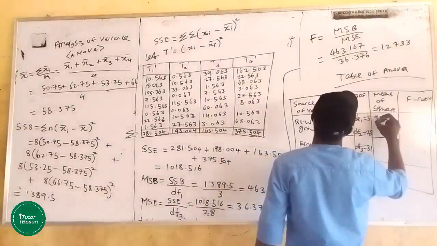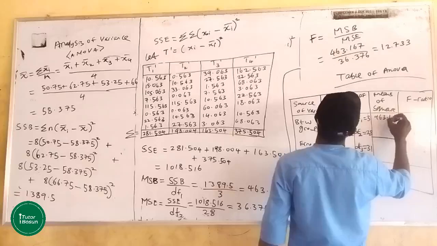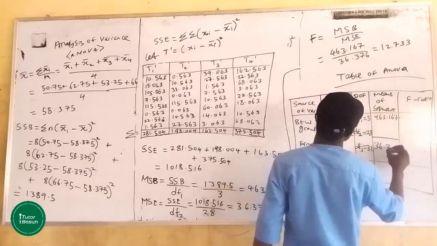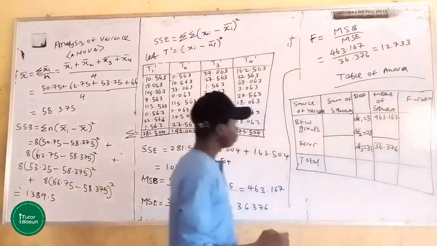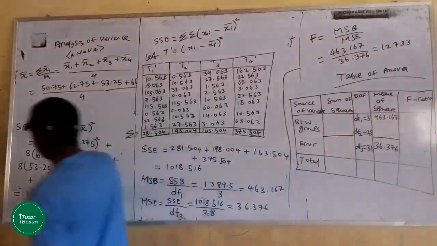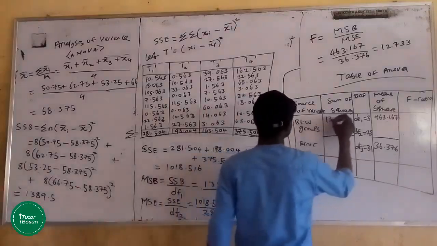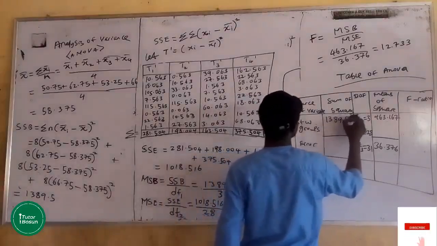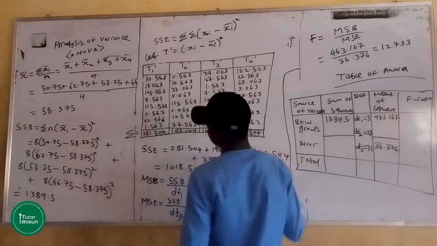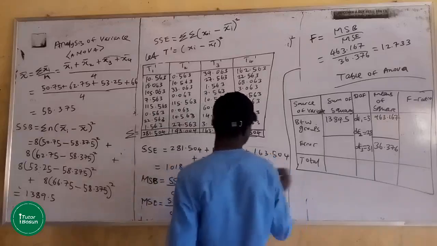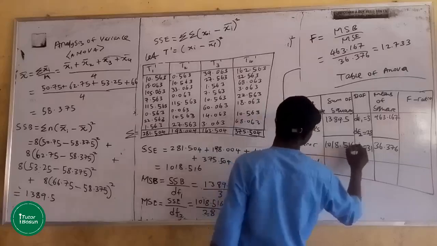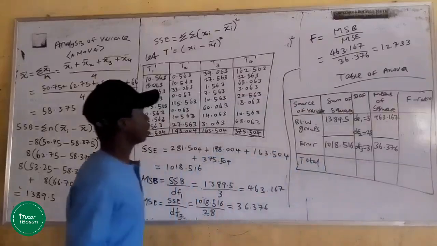So our mean of square between groups, we got 463.167. Our mean of square of error, we got 36.376. Our sum of squares between, we got 1389.5, and our sum of squares of error was 1018.516.